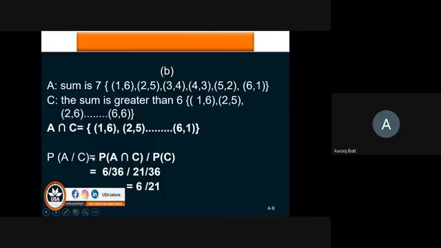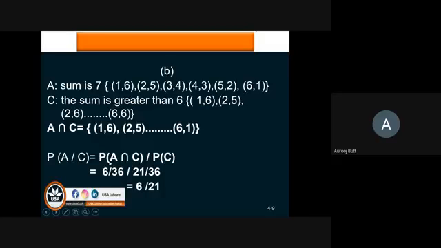That means event C, you'll divide it by probability C. Probability A intersection C means you need to find the points that are common in both events, in event A and C. So we have these 6 sample points that are common in both of these events.